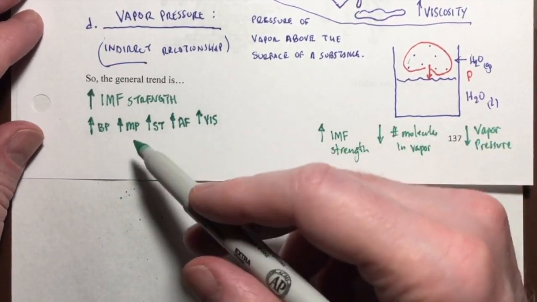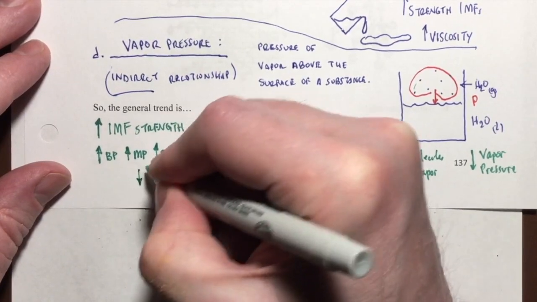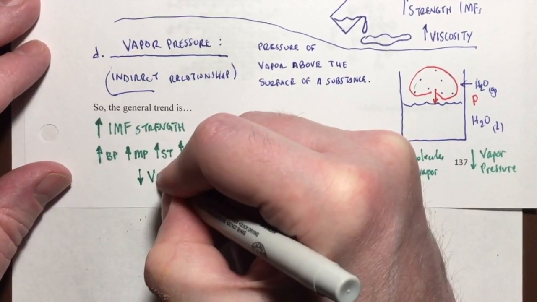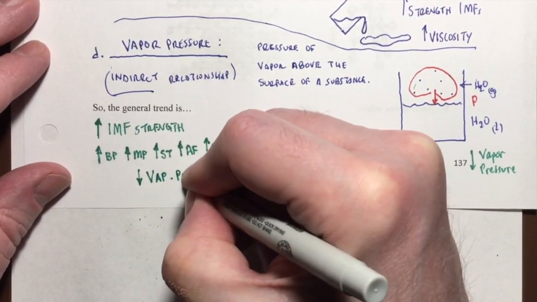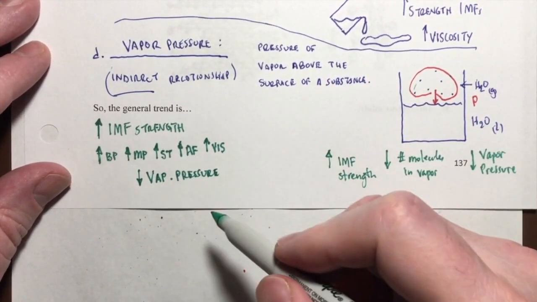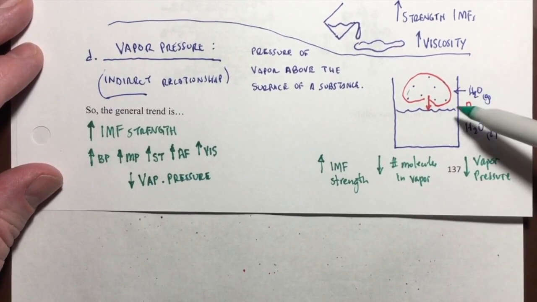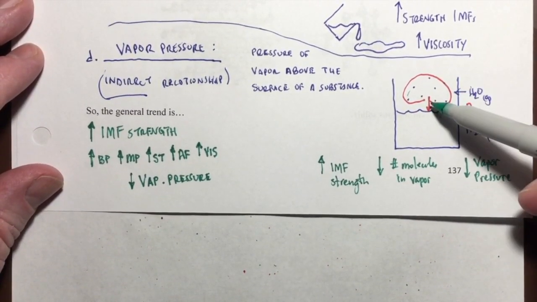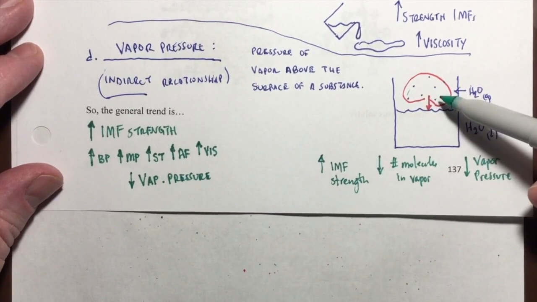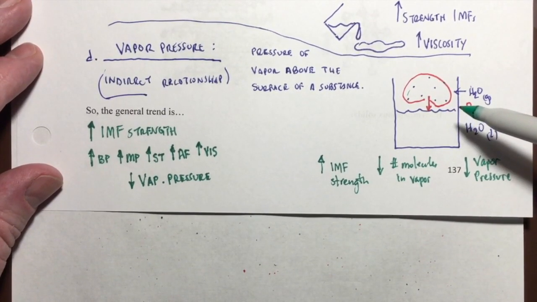And what's the one exception to this? It's the vapor pressure. The vapor pressure decreases because the stronger the IMFs are, the less you're going to have in the vapor phase above the surface, and therefore the less vapor pressure it's going to exert.